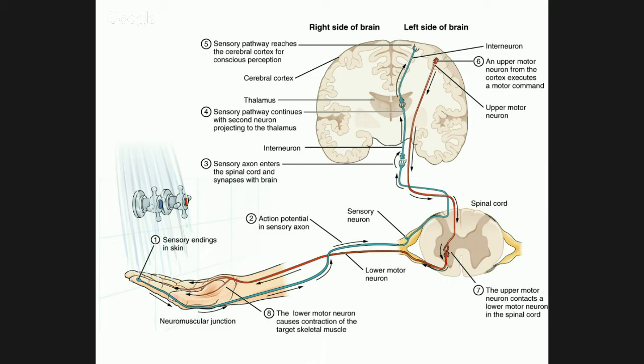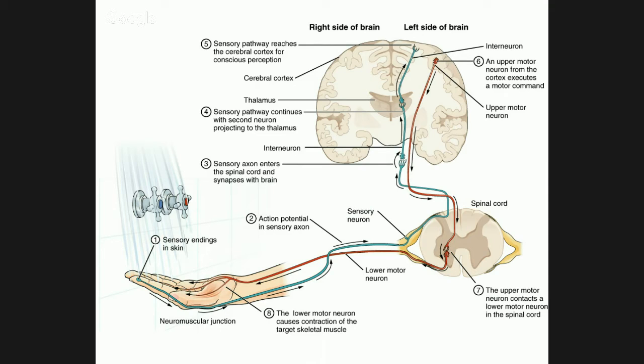That stimulus will cause the generation of an electrical signal called an action potential to travel along the axon in this peripheral nerve through the hand and the arm up to the shoulder and into the neck region, where the dorsal root of the spinal nerve connects to the spinal cord.